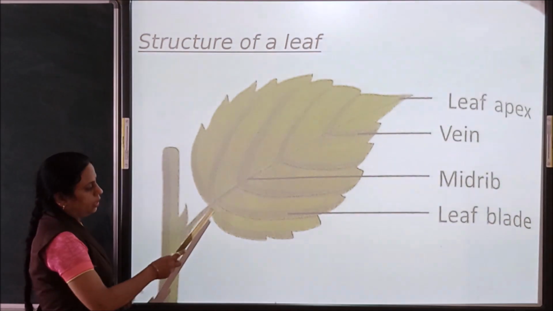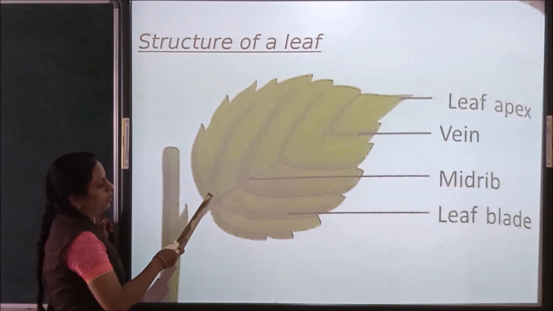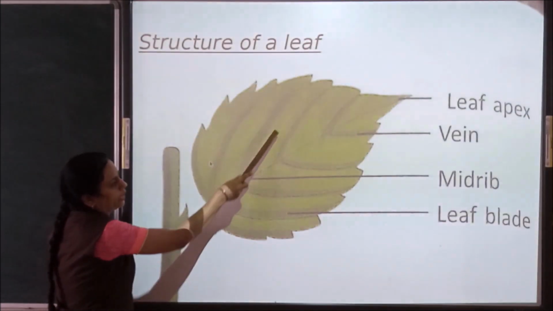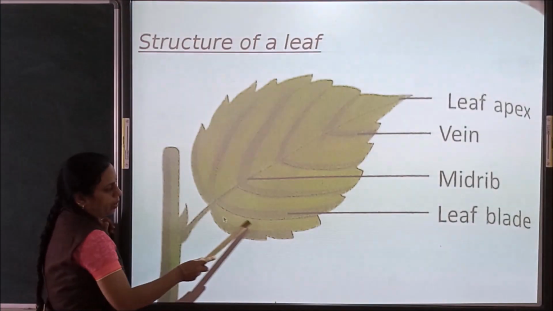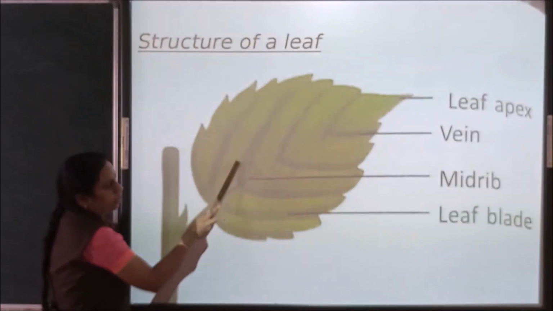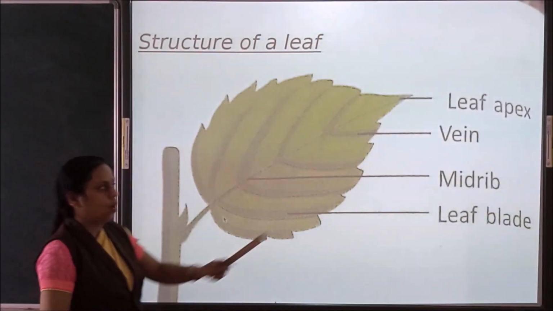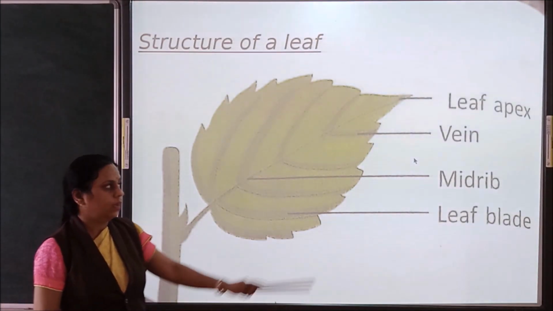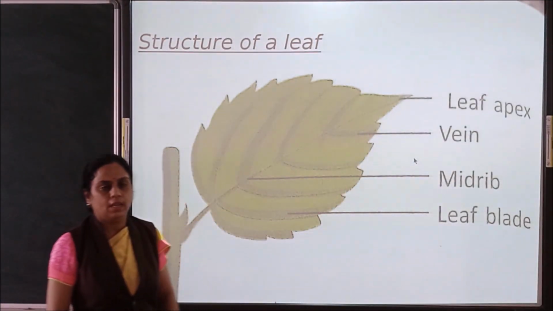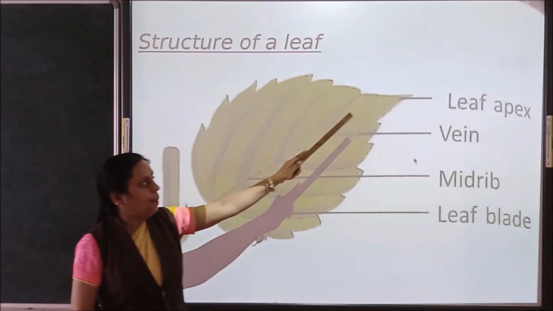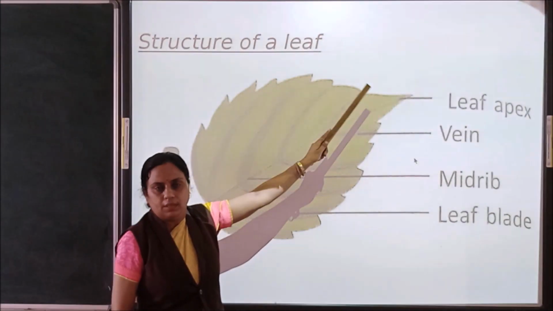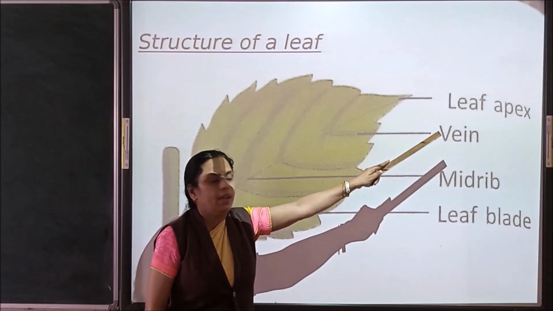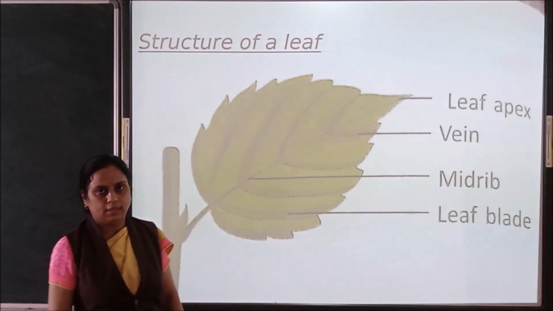Now you can see children, many lines are emerging from the midrib on both the sides. These ones. These lines are called veins. What are they called? They are called veins. Now the tip of the leaf is called the leaf apex.